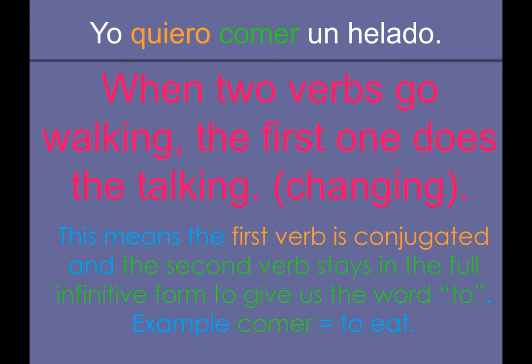Look at the top. Yo quiero comer un helado. Quiero is conjugated as the first verb to match yo. Comer has to stay in the full infinitive. I want to eat. If you conjugated both verbs, I want, I eat, it doesn't make sense. Yo quiero comer un helado. I want to eat an ice cream.